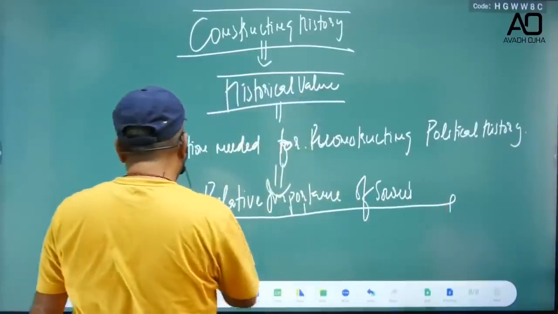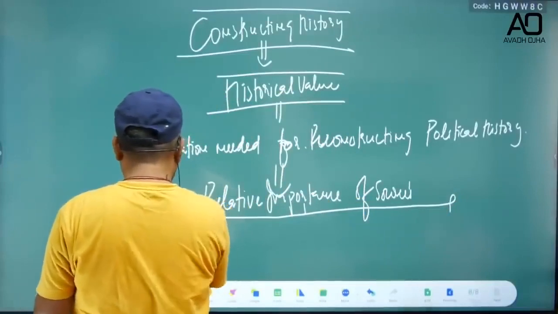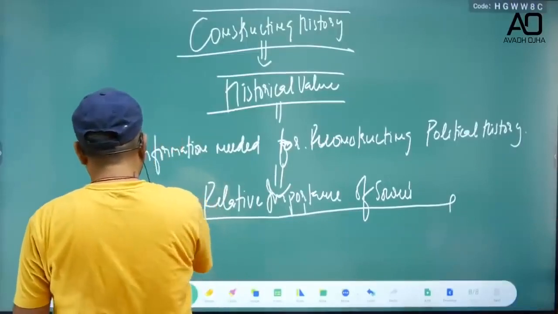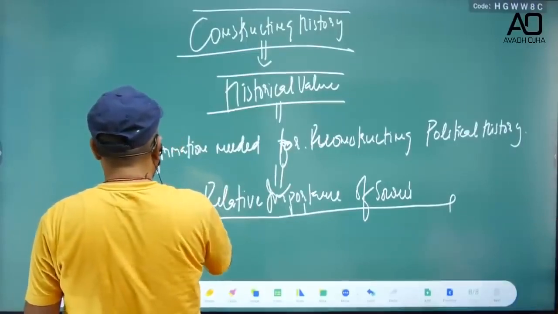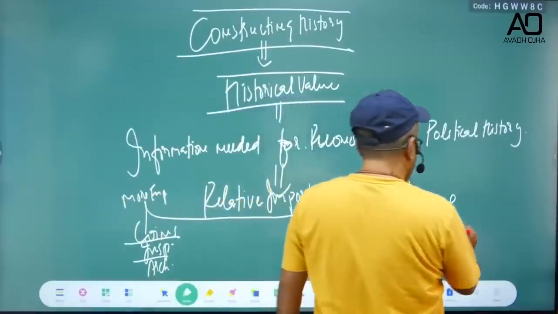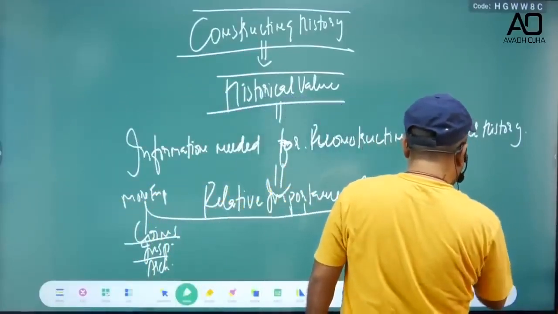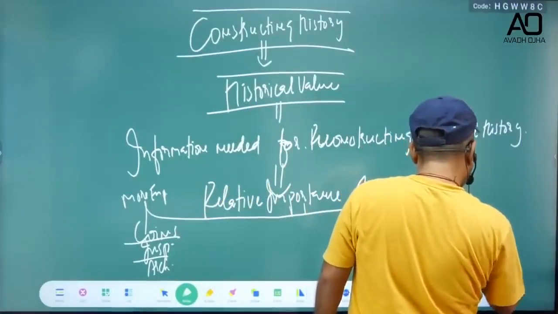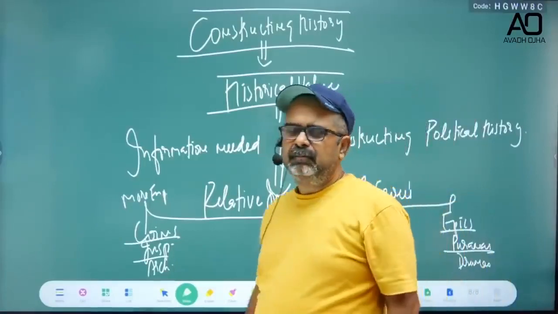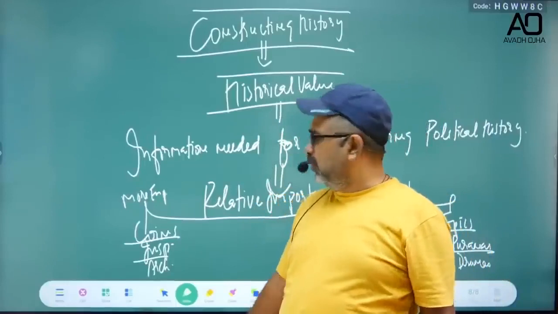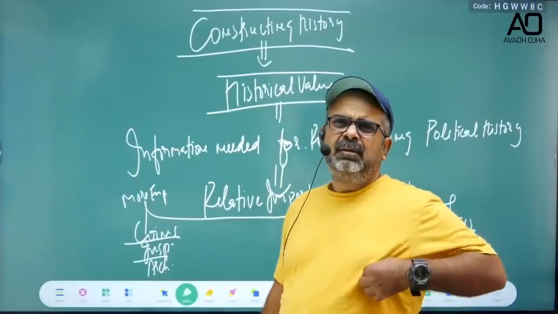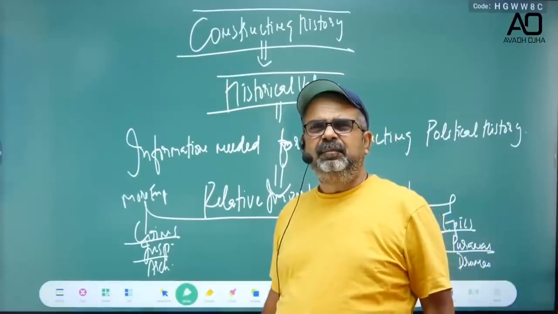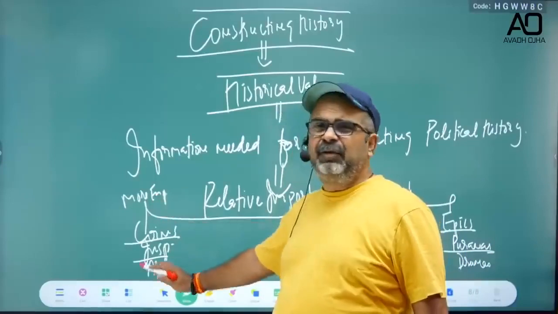We give more emphasis to coins, inscriptions, and archaeology, more emphasis in comparison to epics, Puranas, dramas. More emphasis will be given on this because they have a high historical sense in them. So more emphasis will be given on them.